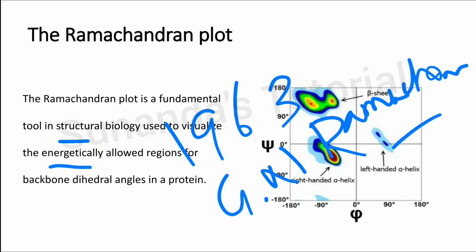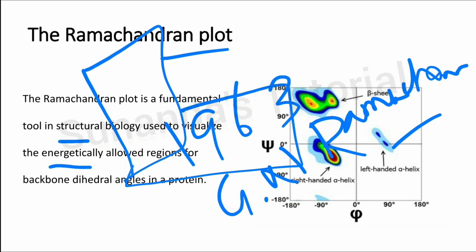So according to his name, this plot is named as Ramachandran plot. It maps phi and psi dihedral angles. What are dihedral angles? This angle is the geometric angle between two intersecting planes, or half planes.